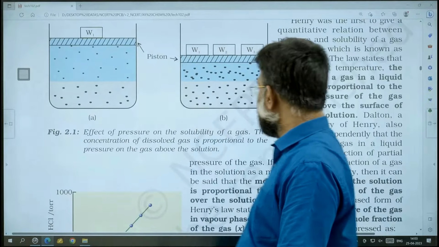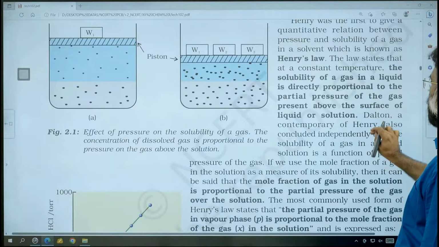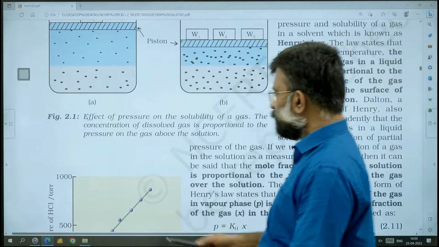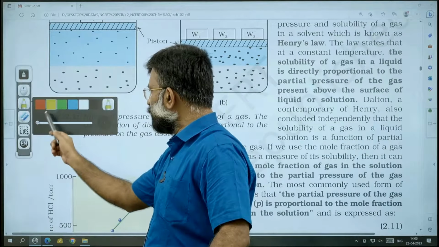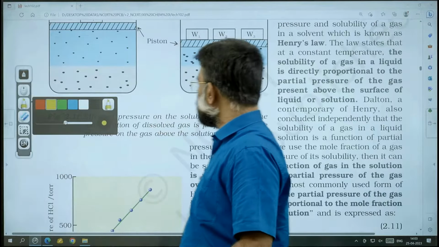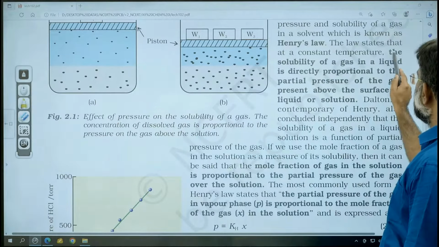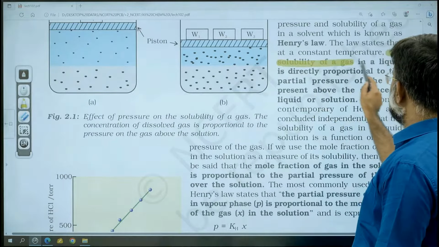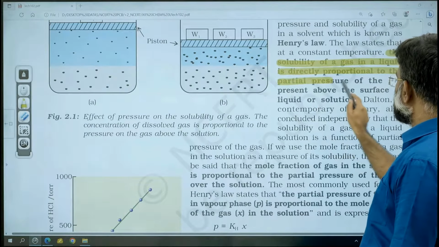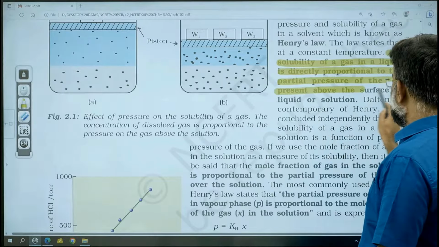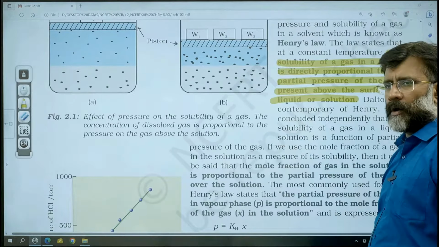Henry's law is explained in different ways. There are different statements. One of the statements that you can find is this one. The solubility of a gas in a liquid is directly proportional to the partial pressure of the gas present above the surface of the liquid or solution.